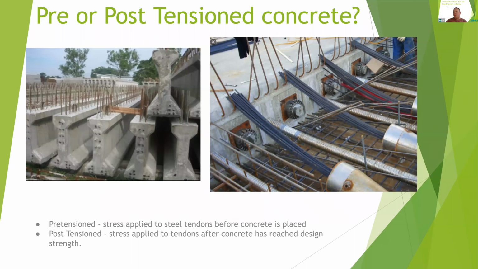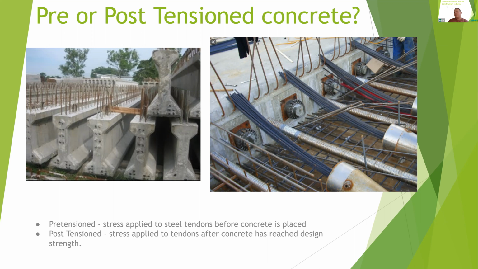So on the left-hand side here, we have fairly typical bridge beams. These will be made in a precast facility somewhere. And the tendons you can see just poking through the ends here will have been pulled tight on a big form bed. Then the concrete will have been poured, placed, and then it's allowed to harden.